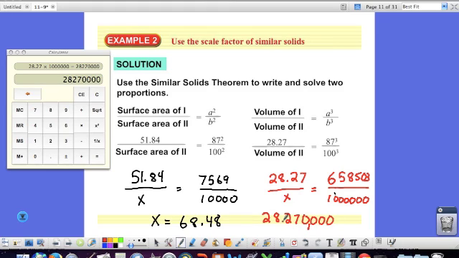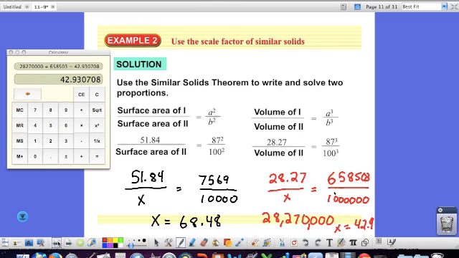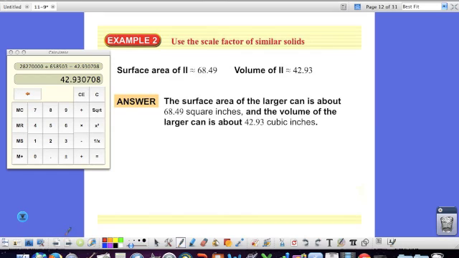I need my commas. It's 28,270,000 divided by 658,503. So about a volume of about 42.9. So 68.49 and 42.9. Okay, and there's our answers.